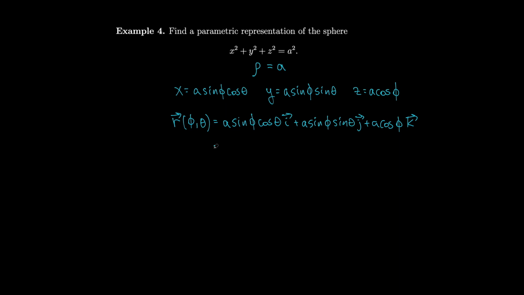Remember that phi goes from 0 to pi in spherical coordinates, and theta goes from 0 to 2 pi. So this means that we could write our domain as the interval from 0 to pi crossed with the interval from 0 to 2 pi. So if we were to draw that, it would look something like this.